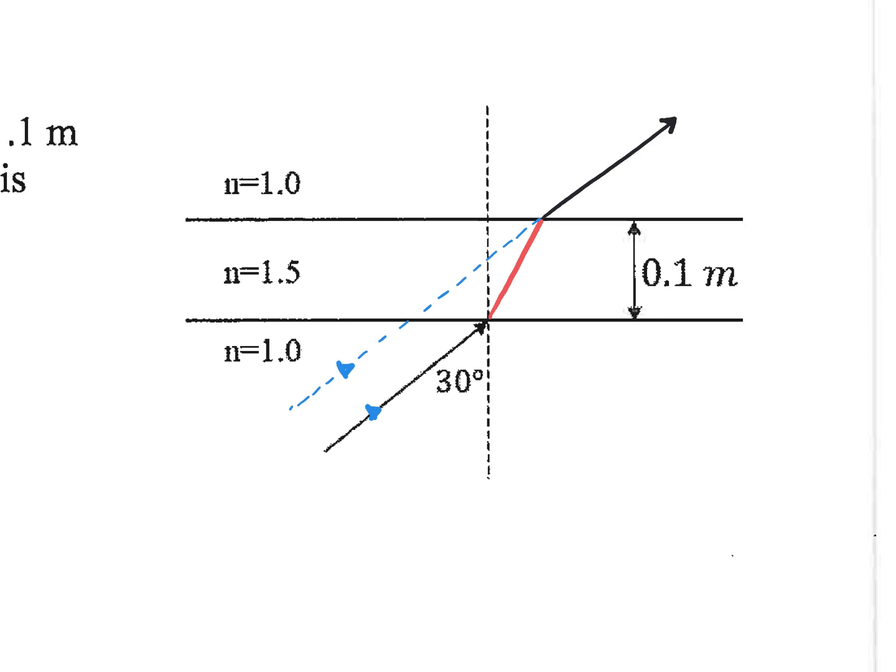So it's asking how far is the light displaced? What it's asking for is this. What is this distance right here? That's how far the light's displaced, isn't it? This is a complicated problem, but it's not impossible.